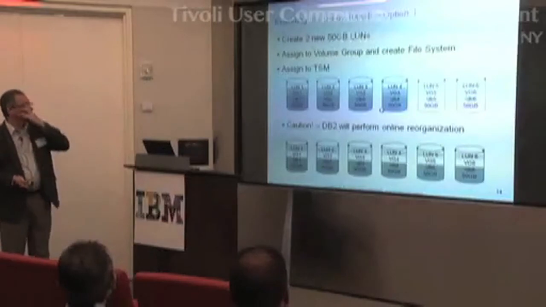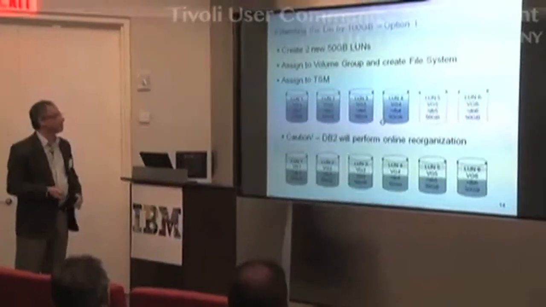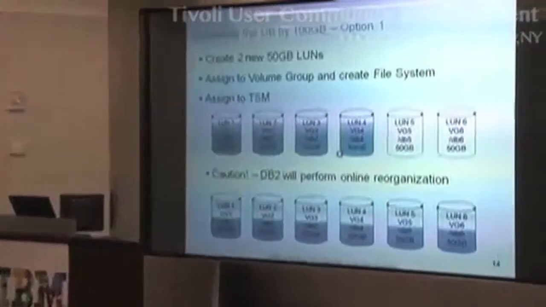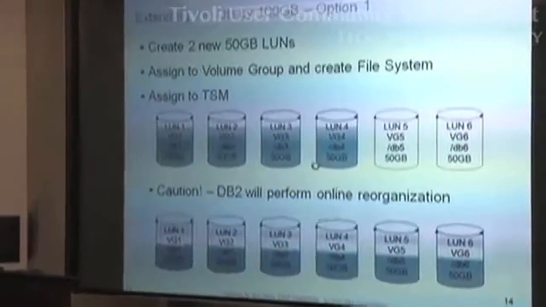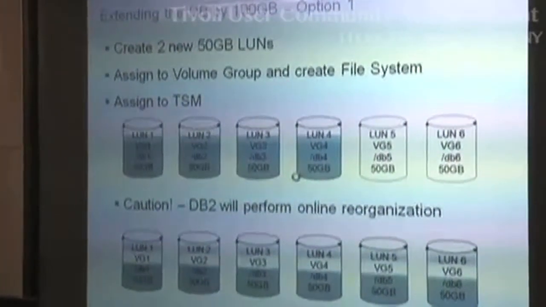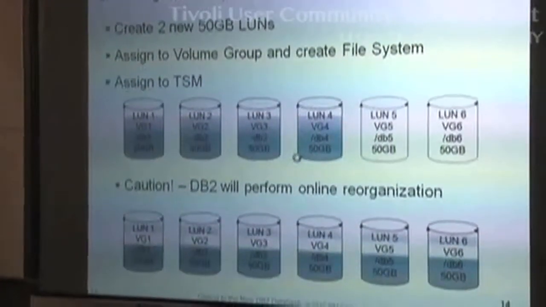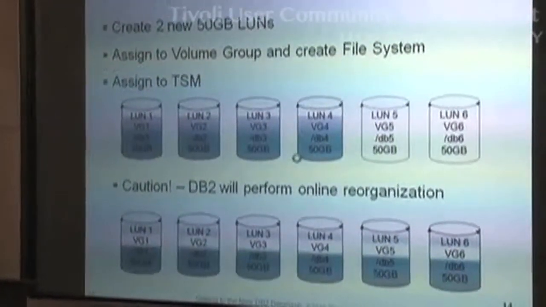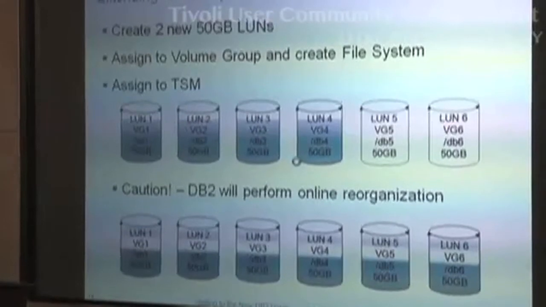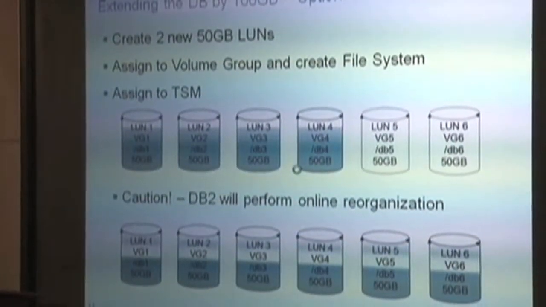You have two approaches that we've found if you have to add capacity to your database. One is, in this example, you've got a 200 gig database and you want to add another 100 gig. You could do it by adding 2 more 50 gig volumes, i.e. mount points, and growing it that way. What happens, however, is DB2 will do an automatic reorg.